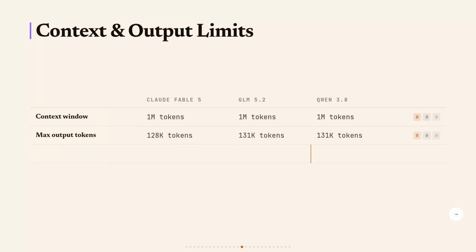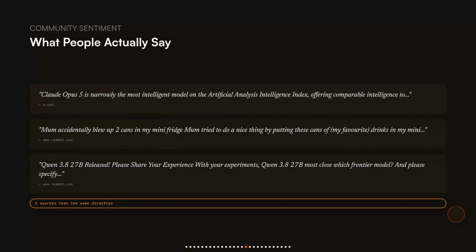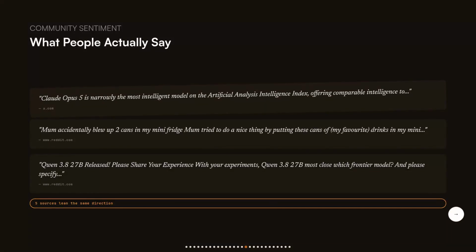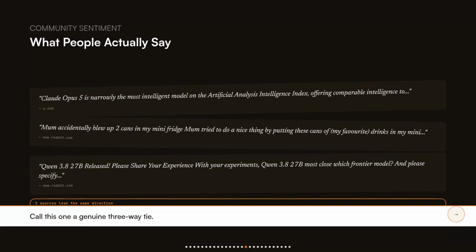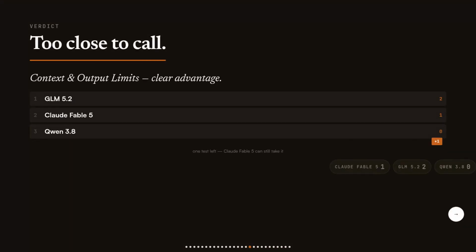GLM 5.2 offers adjustable high and max reasoning modes, and Qwen 3.8 tops out with a 200K max reasoning token budget, the deepest headroom of the three. Call this one a genuine three-way tie. That's a marginal win for Qwen 3.8, but it's not enough to break the tie on the specs that actually matter for long horizon coding work.